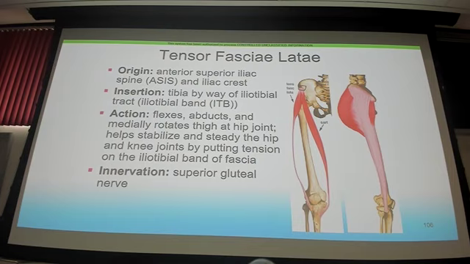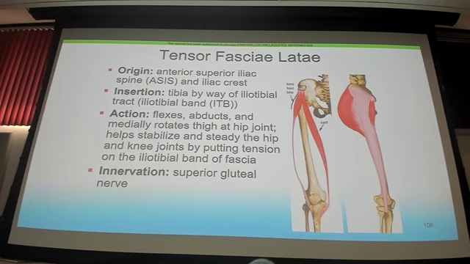That bony projection is where sartorius originates, but also this muscle, tensor fasciae latae, which, just like its name says, its action is to tighten the iliotibial band. Because of the way it's set up, it gets all these different actions, though it is not a big player in these, but it can help flex, abduct, and medially rotate the thigh. And then it throws in there that it's stabilizing the knee joint.